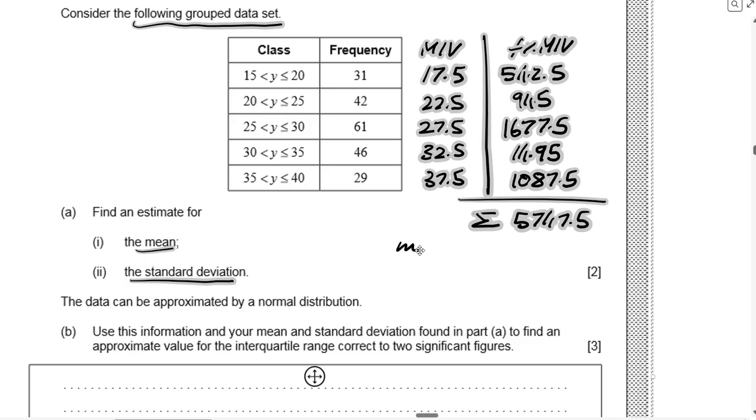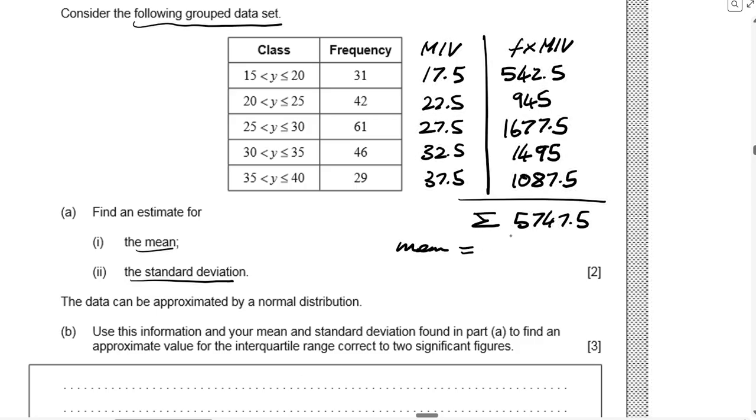And so our mean would be this sum, 5747.5, divided by our total frequency.